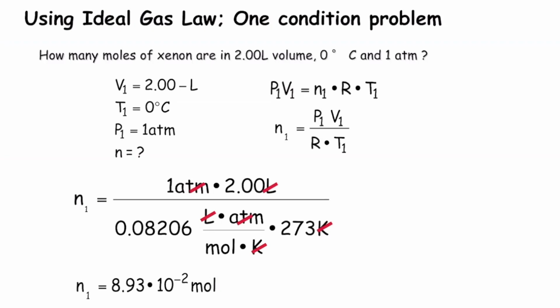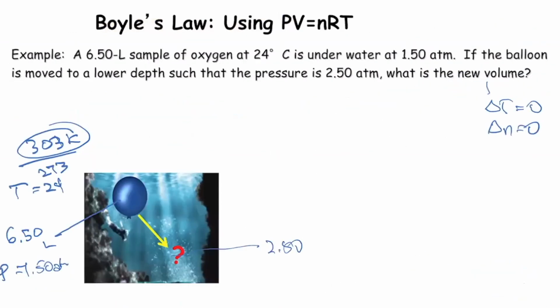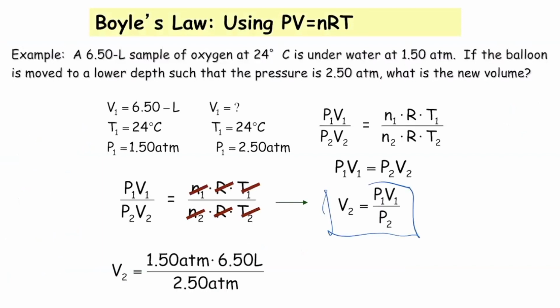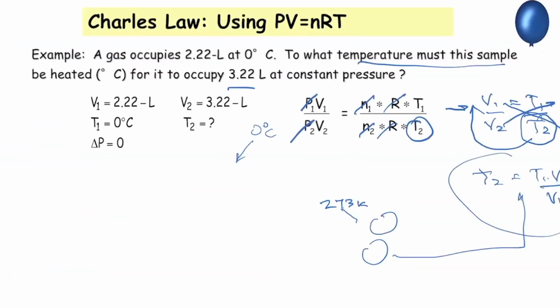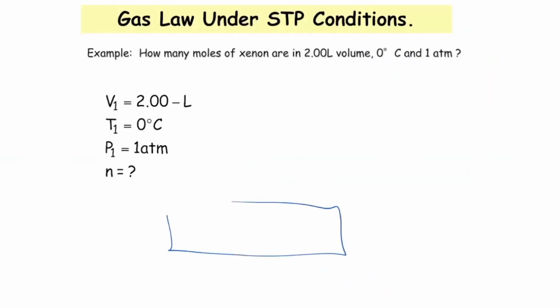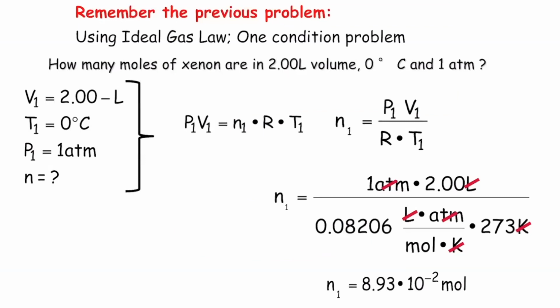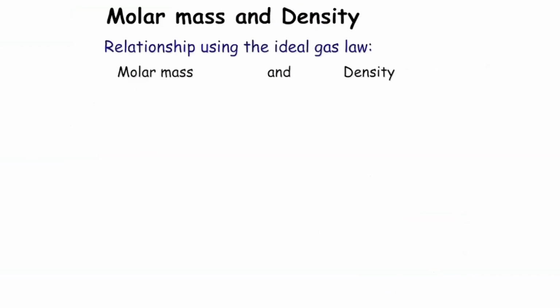But if we had recognized that this was STP, then we could have done the shortcut and gotten that in one step. So that's important, using the ideal gas law. That's basically how this was solved.